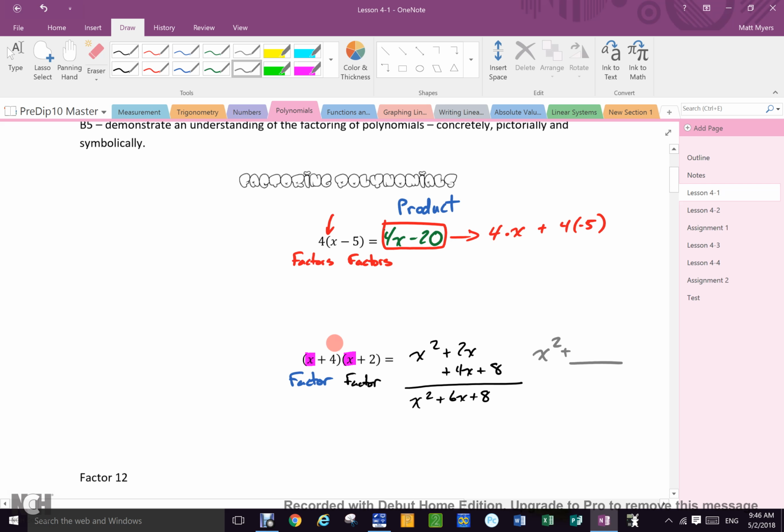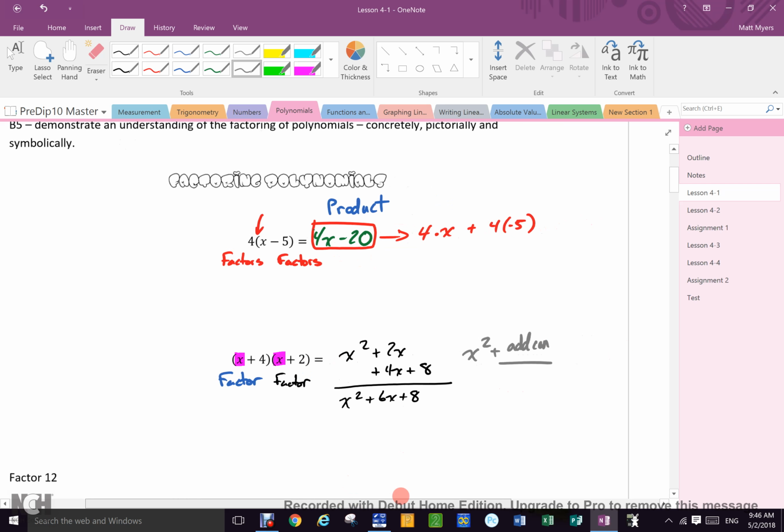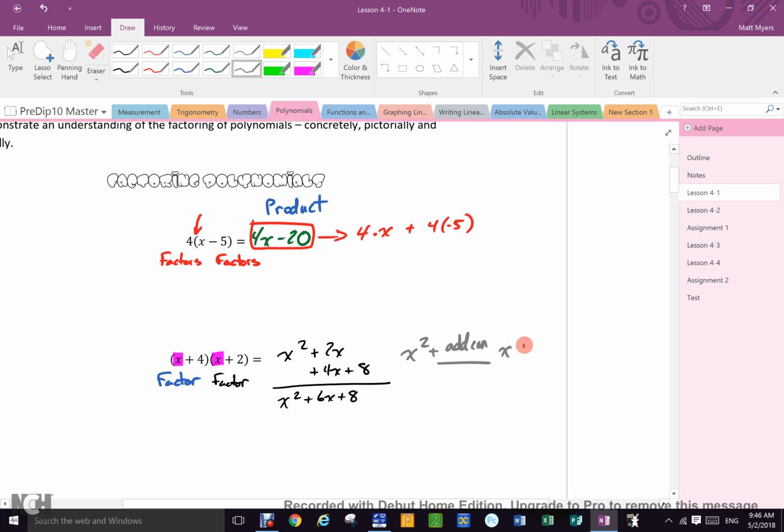Right, I add constants and then I put the x, and then I multiplied the constants with no letter, right?